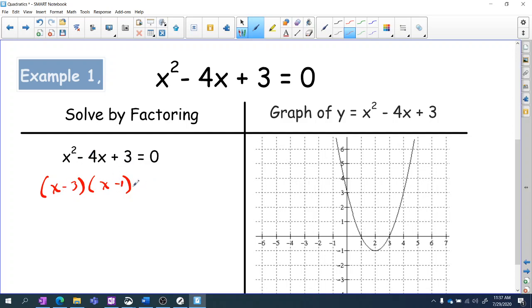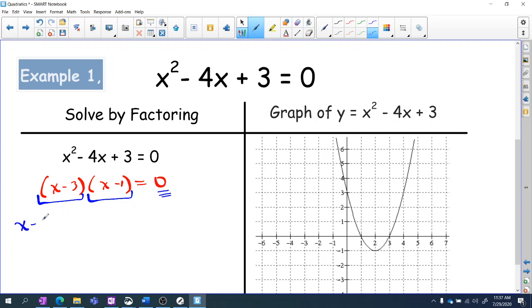Add those together, you get negative 4. Now put equals 0. So what I'm now saying is that this bracket multiplied by this bracket is giving me an answer of 0. As I just stated above, the only way to multiply things together and the answer come out to be 0 is if one of these factors is in fact 0.